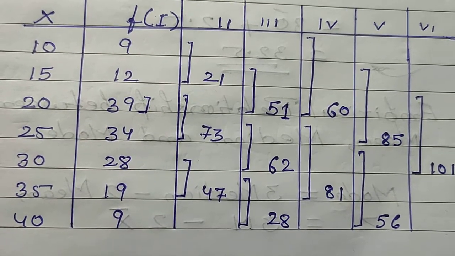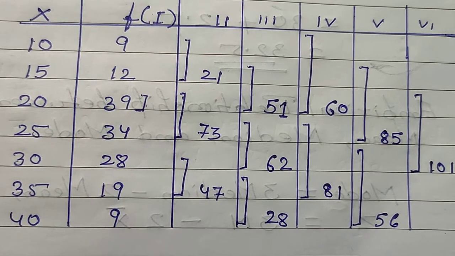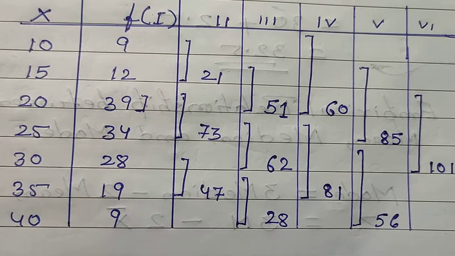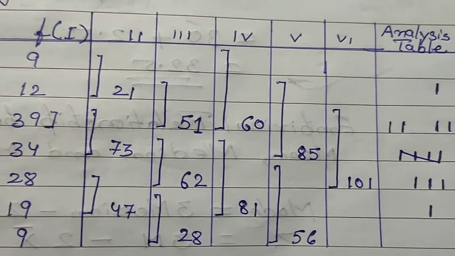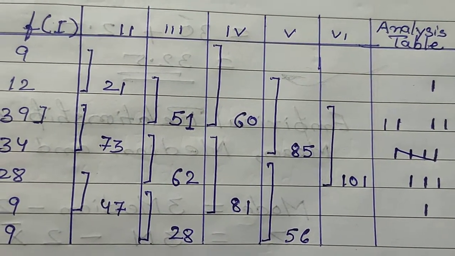Again you can see in the second column the highest value is 73, and this value is the sum of frequencies 39 and 34. So against 39 and 34 in the analysis table we will again put one tally mark.